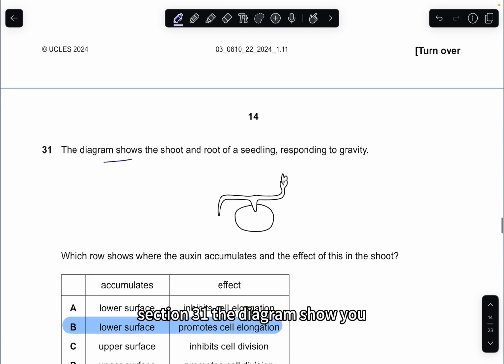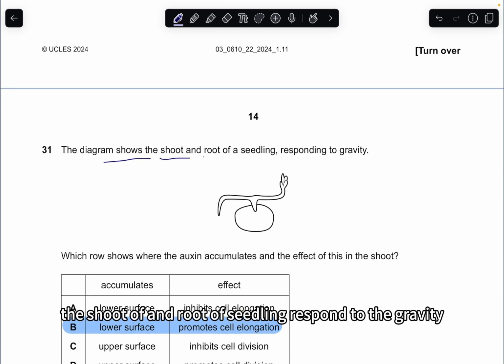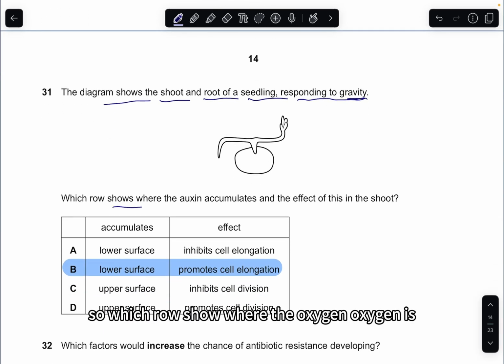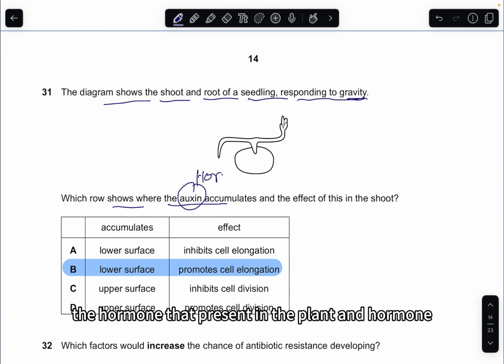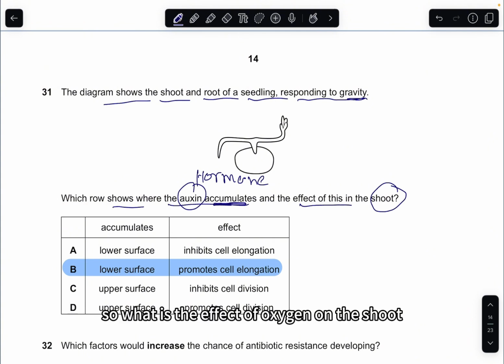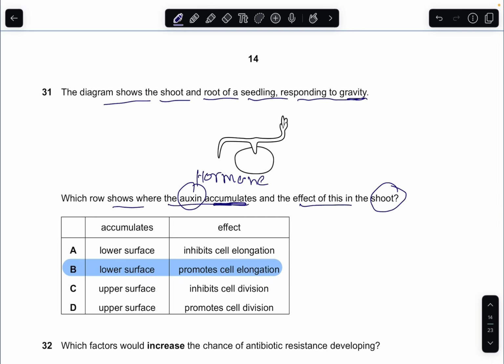Question 31. The diagram shows the shoot and root of a seedling responding to gravity. So which row shows where the auxin accumulates? Auxin is the hormone that is present in the plant. So what is the effect of auxin on the shoot?